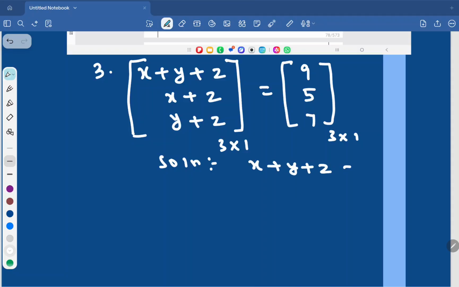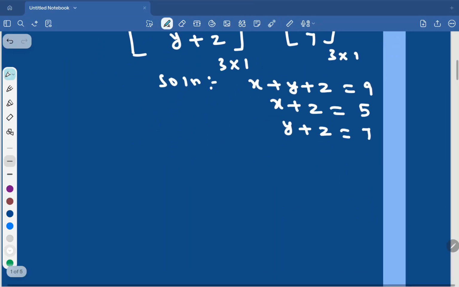Therefore, x plus y plus z is 9, x plus z is 5, y plus z is 7. x plus y plus z equals 9, equation 1. Here find x value from 2: 5 minus z.